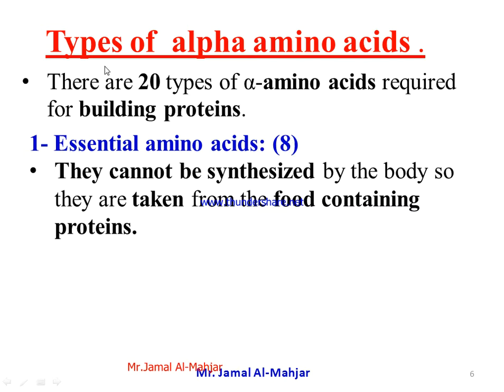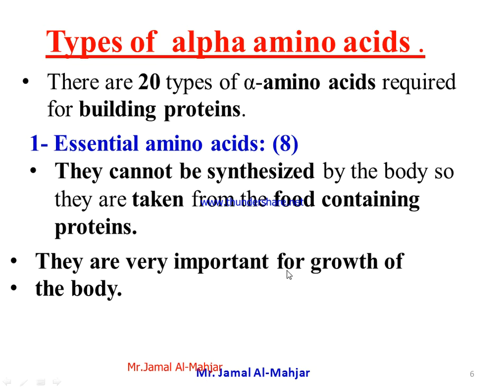Essential, why? Because they cannot be synthesized by the body, so they are taken from the food containing what? Proteins. That's why you call them essential. Your body can't synthesize them, so they have to be taken from the food.